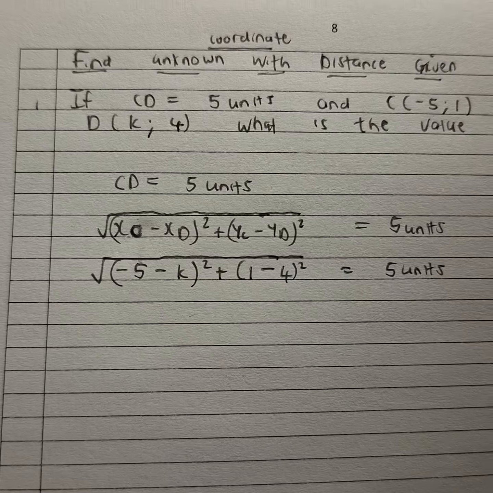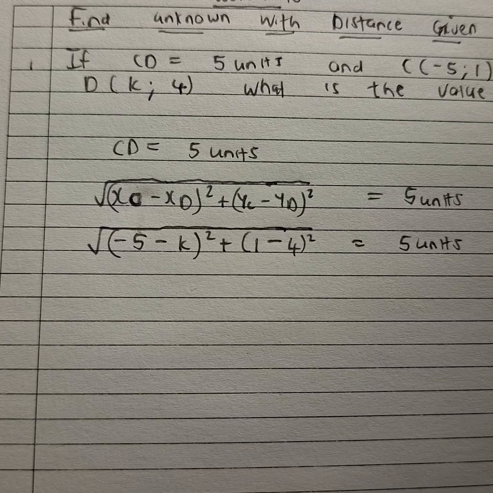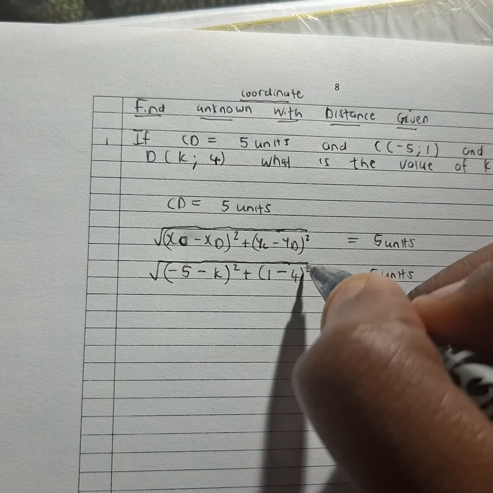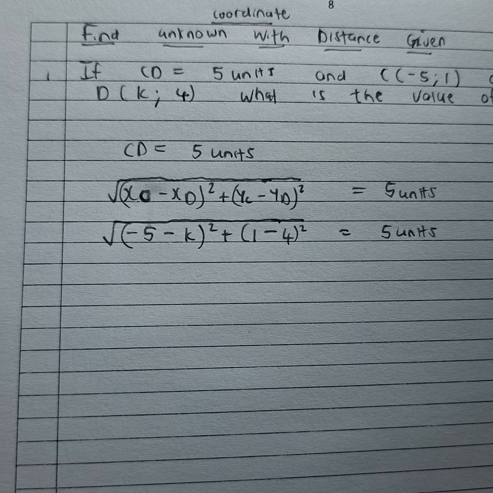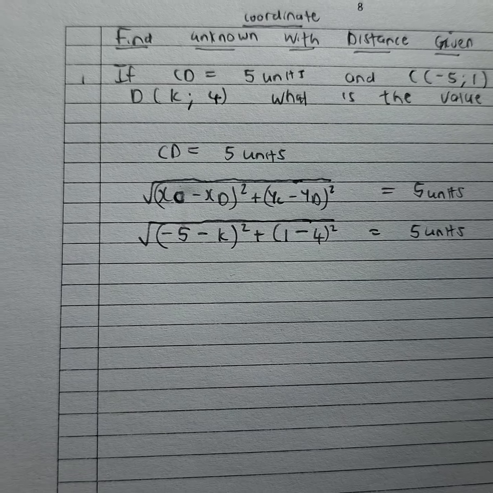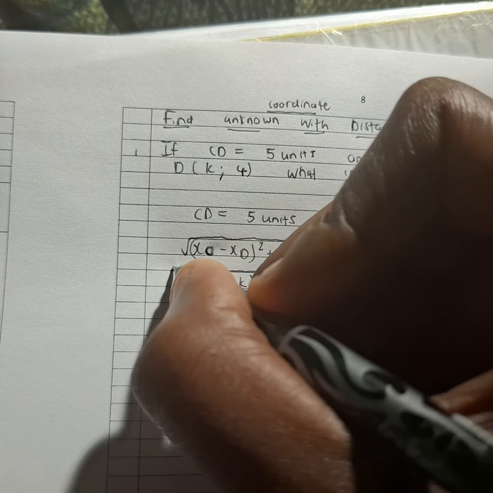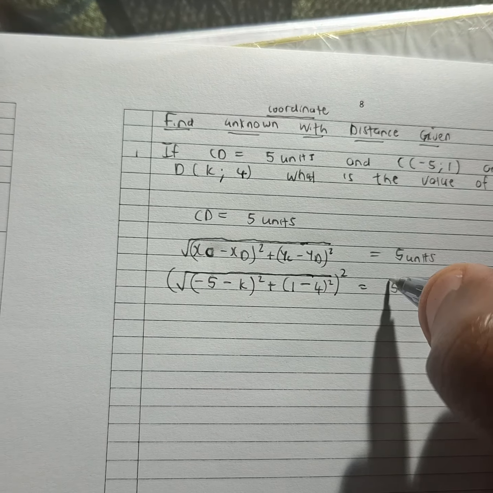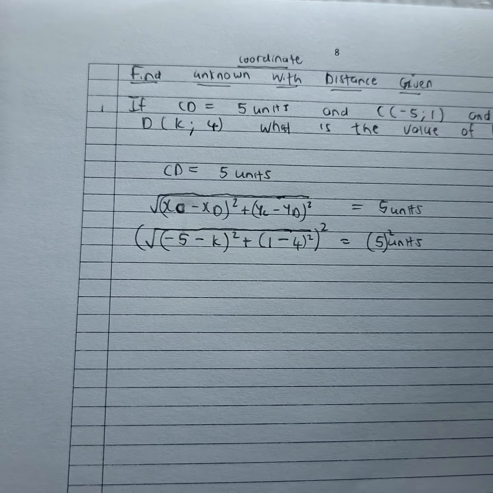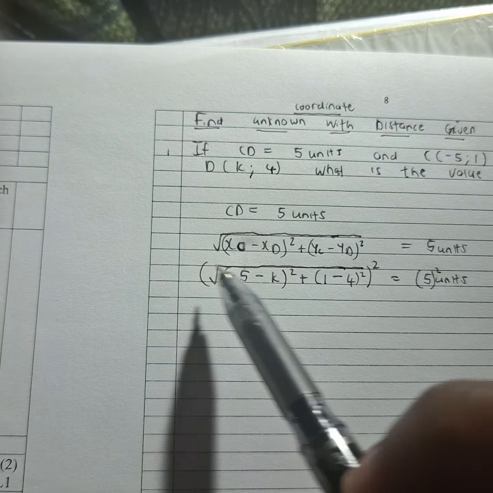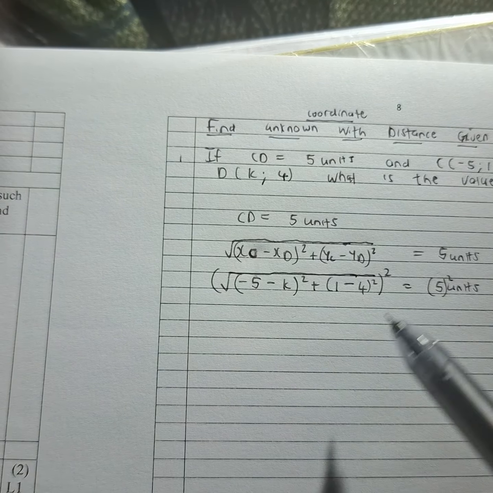So let's sort out what's inside the square root, because we have the square root of (-5 minus k) squared plus ... Before that, what we can do very easily is remove the square root, because it will get in the way of us solving for k. So we square both sides. Why? Because the inverse operation of a square root is to square.